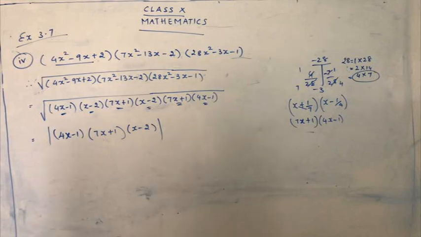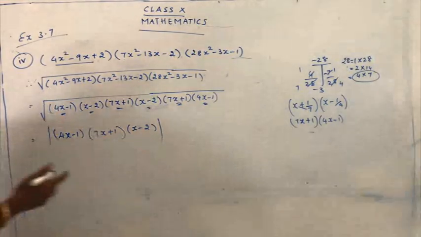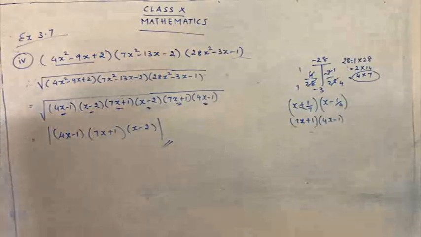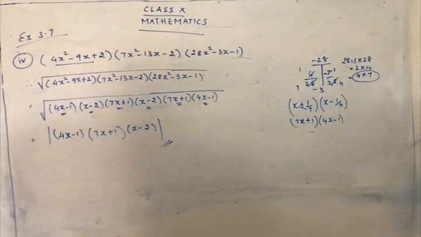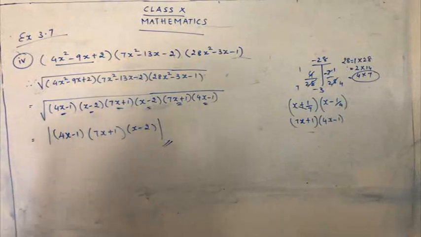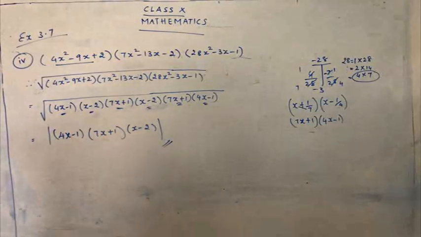Yes, take down the sum. So we have got the square root of the given sum. So the square root is 4x minus 1, 7x plus 1, x minus 2.